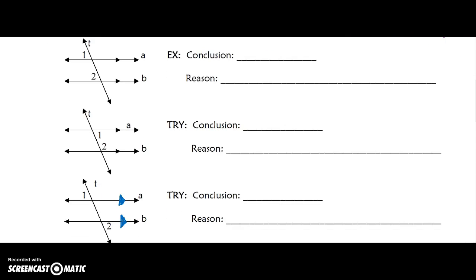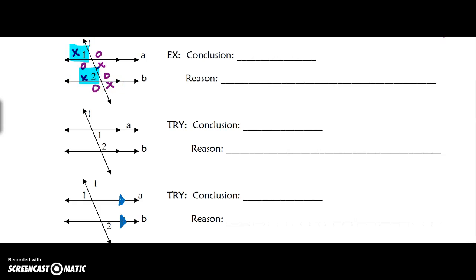So here's a couple examples. Using the statements that we just came up with, we're going to come up with a conclusion. We're going to say, are they supplementary or are they going to be congruent? So for angle 1 and angle 2, if we play our game of tic-tac-toe, we're only going to look here.